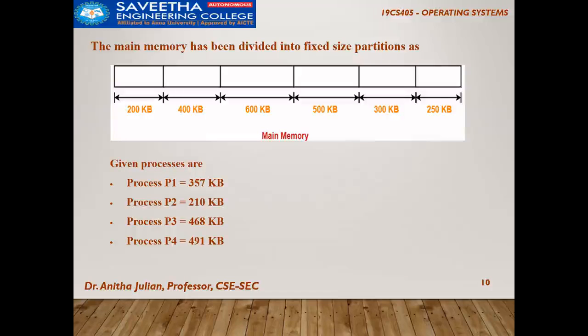This is what is given. So we have to fit in with all the 3 memory allocation techniques, that is best fit, first fit and worst fit. So we will just work out. I will work out one example and then one problem probably you can work out as an assignment.